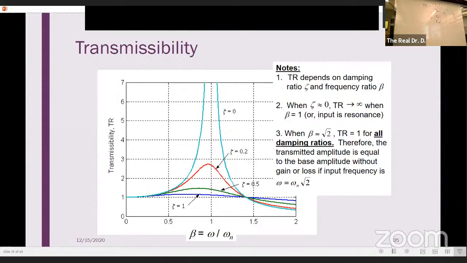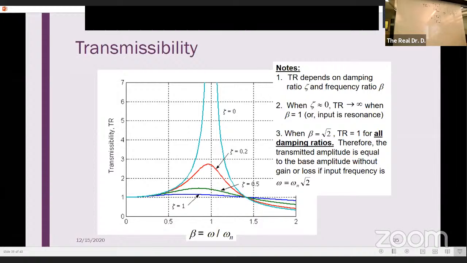Everything to the left of that bottleneck there, so this point right here, is when beta is equal to the square root of 2. Everything to the left of that point, the best you can do is a transmissibility of 1.